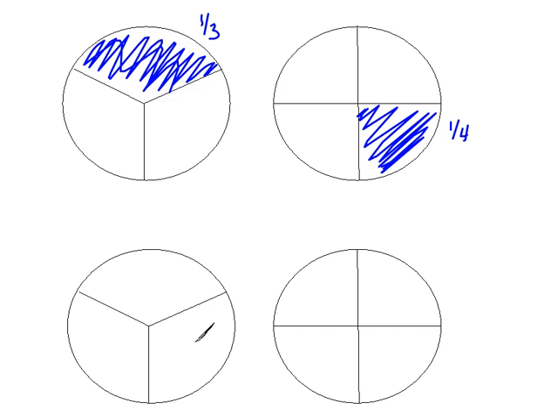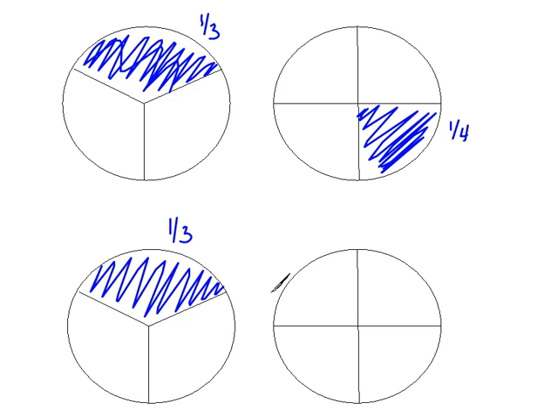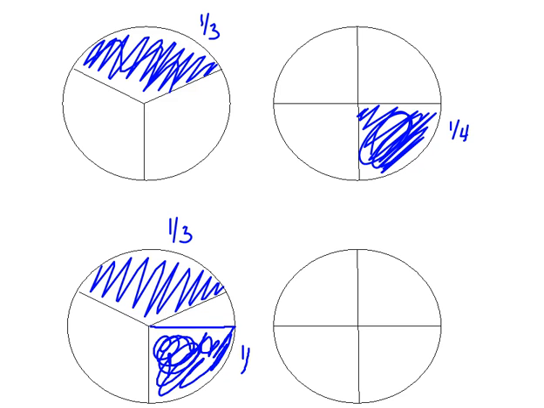If I were to put those together on the same visualization that was broken up into parts of 3, then I could shade in my 1/3 just fine. But whenever I went to shade in this 1/4 part, I would have to shade in a portion of another third. So that doesn't work really nicely.